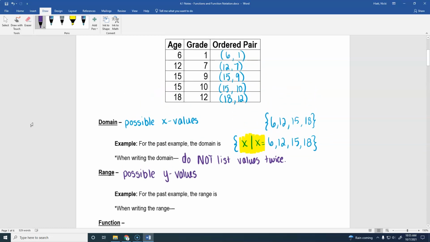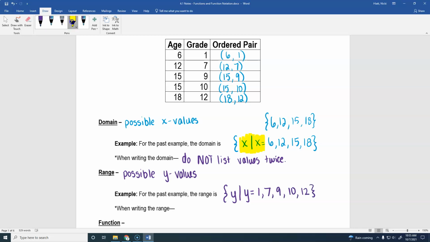And so, for y values, for the last example, for my ages and grades, you might see it written like this. y such that y equals, and you just list your y coordinates: 1, 7, 9, 10, 12.